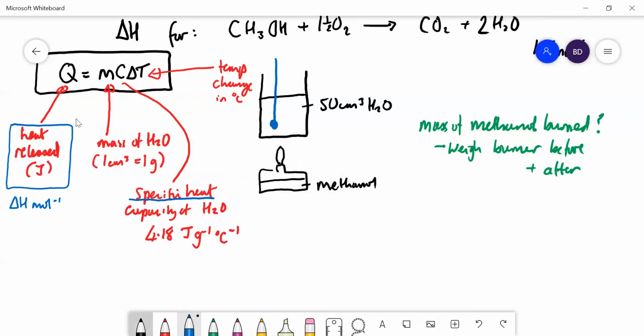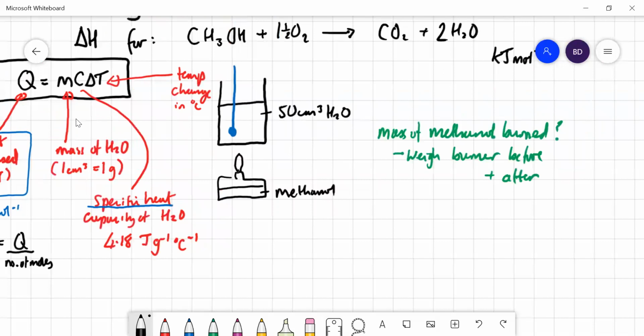So we need another equation. Delta H is equal to Q divided by the number of moles of methanol that we've burnt. Right, so let's put some numbers into that and work it out.